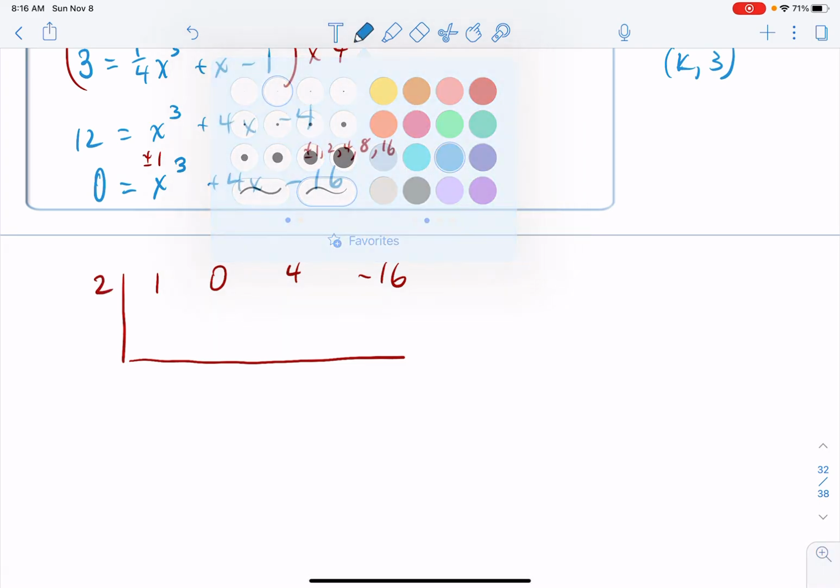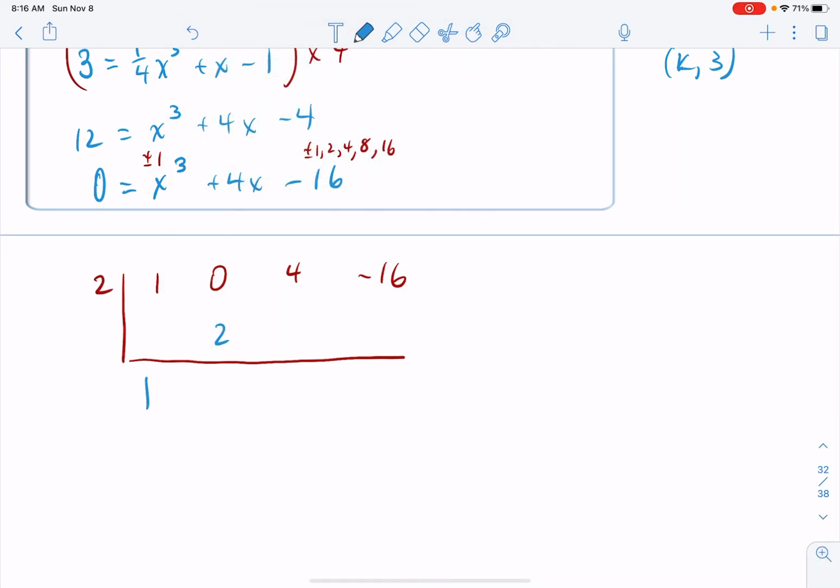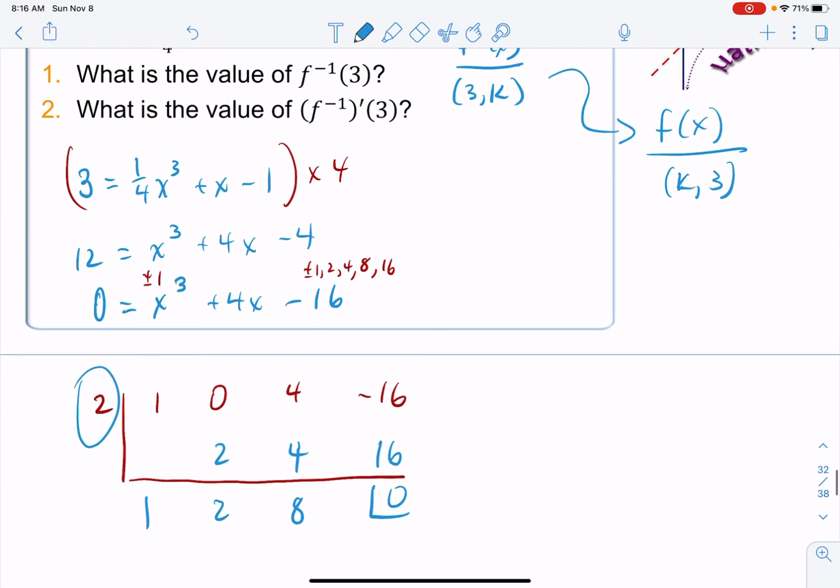Okay, bring down the 1, multiply, 2, add, multiply, add, 8. Got a good feeling about this. 16, 0. Oh my God, this is a mess. 0. There we go. It went in evenly. There's my value. I could factor this if I wanted to, but I don't need to.